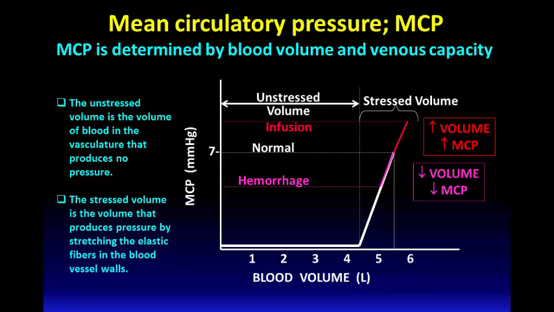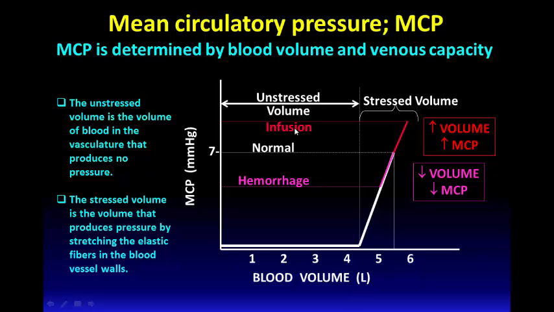During hemorrhage, the unstressed blood volume would remain the same, but the stressed blood volume decreases. The decrease in the stressed blood volume results in a decrease in the mean circulatory pressure.